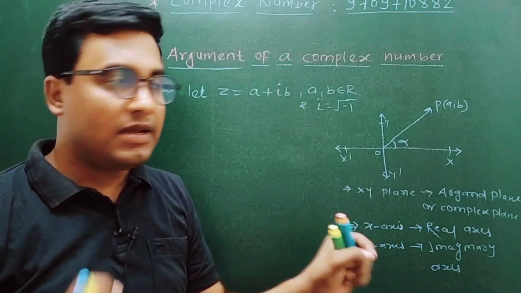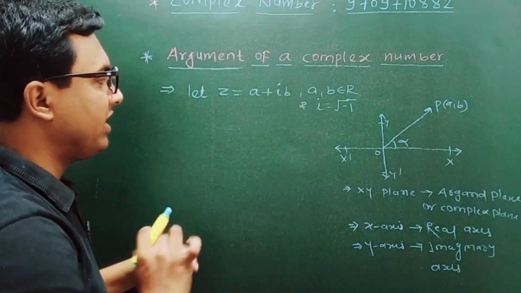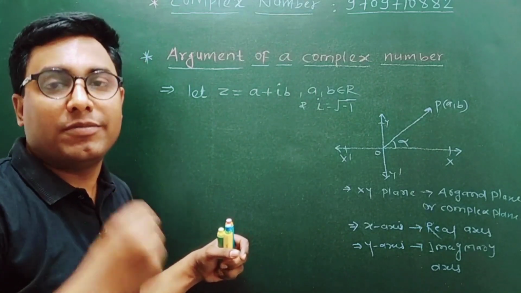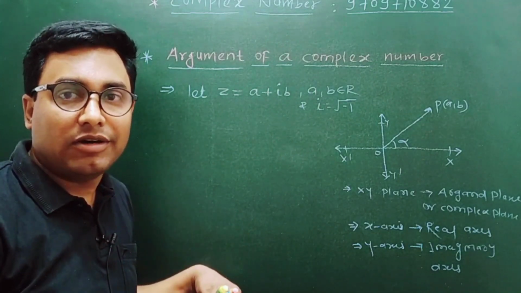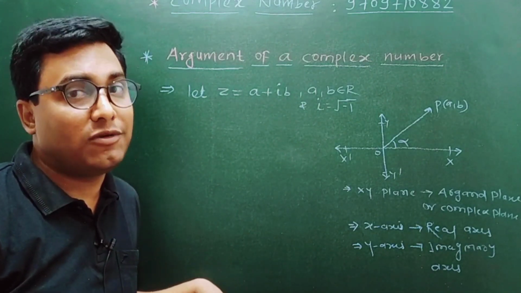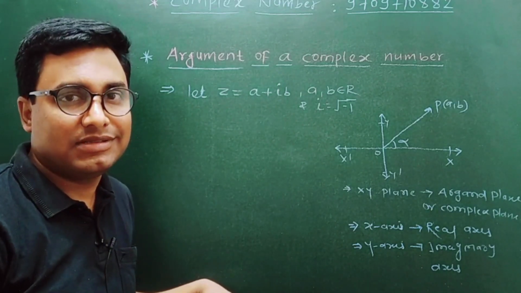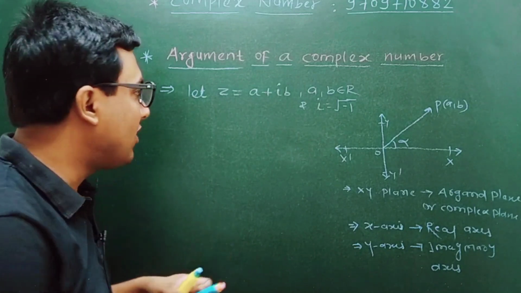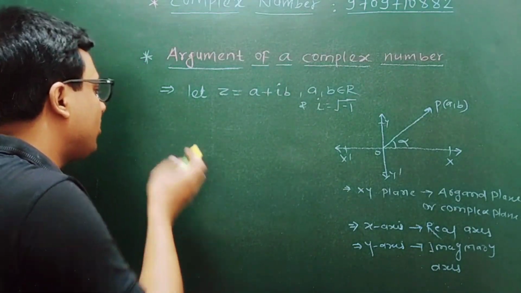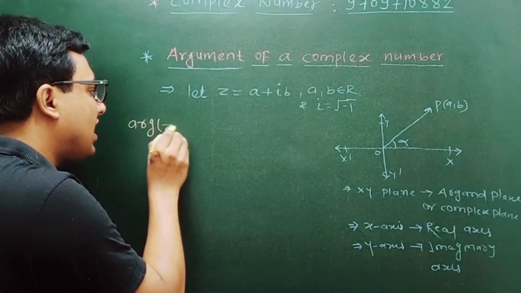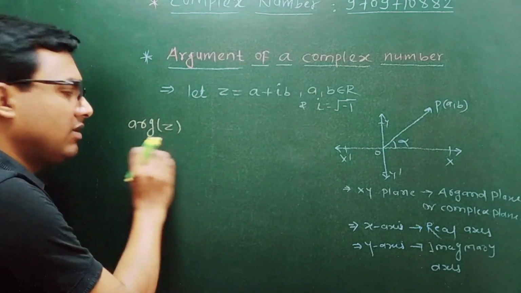Clear? Now our next point. The main point is what is an argument of a complex number, and then the principal argument of z. See here, we write argument of z.